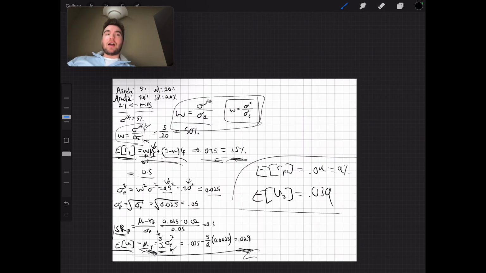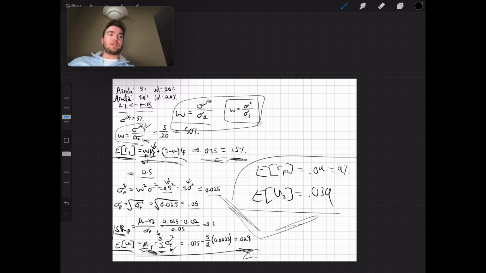Okay, so I kind of figured it out. It seems like the difference between every single part of this question is how we do the weights. So I think my assumption there at the end was correct. We are just comparing utilities. Again, it wouldn't really make much of a difference here because portfolio 2 is stronger no matter what, even if you compare the expected return or the expected utilities.